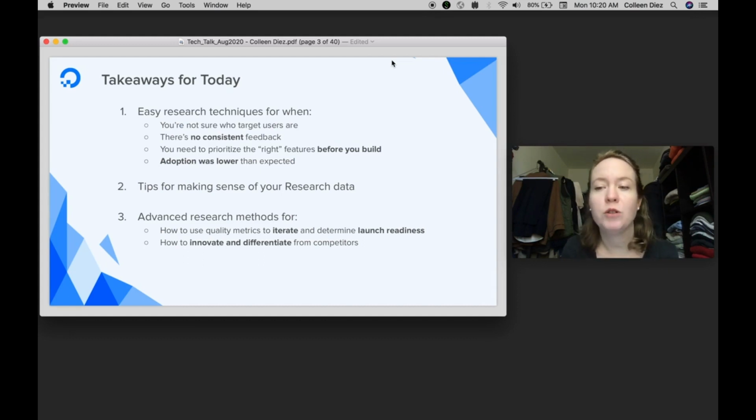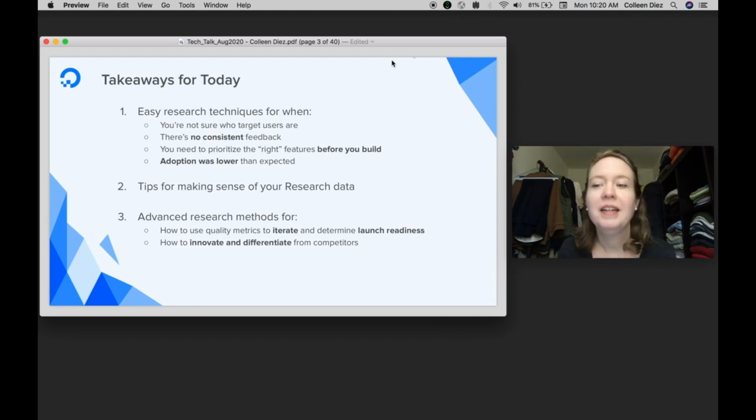Maybe you've been trying to do user research, but you're not getting any consistent feedback. Maybe you need to prioritize the right features before you build. Or perhaps you did some research, you thought everything was going well, but your adoption was lower than you expected when you launched. We'll also talk about some tips for making sense of your research data.